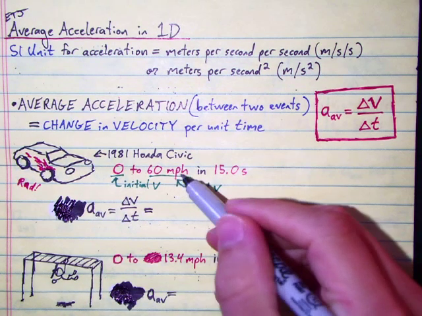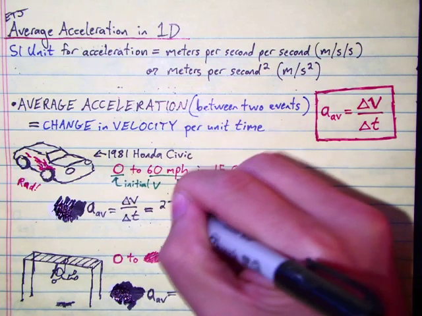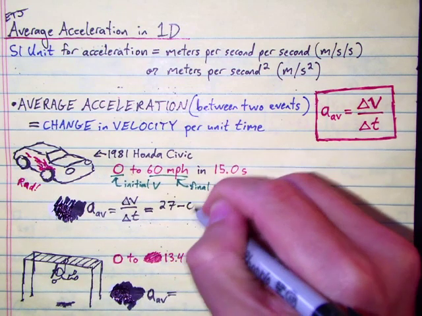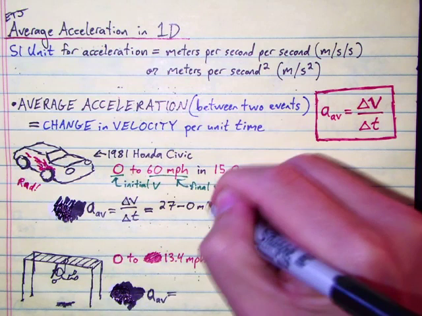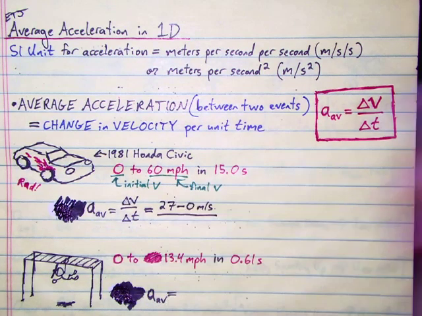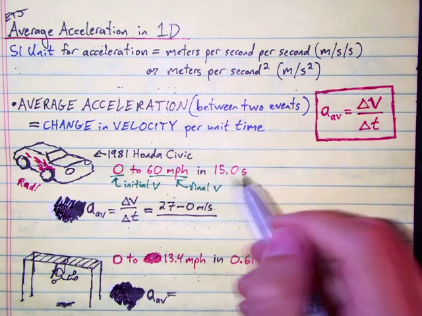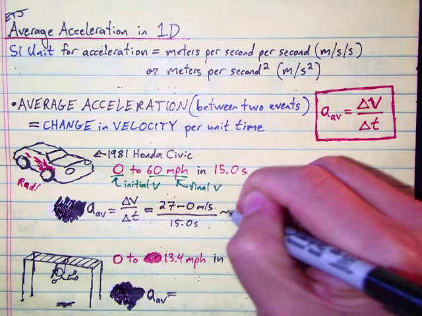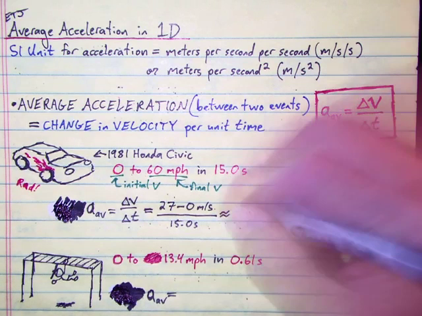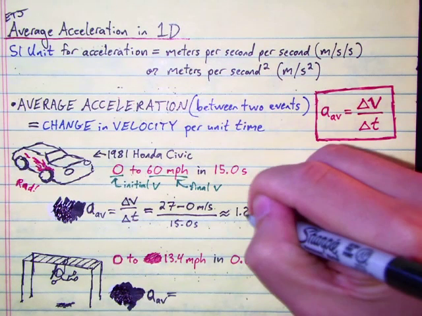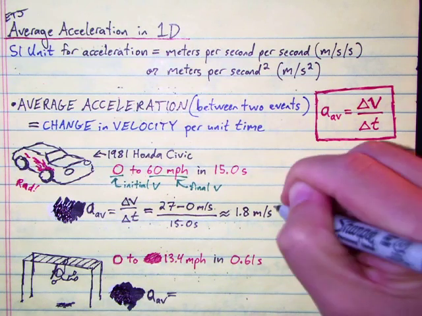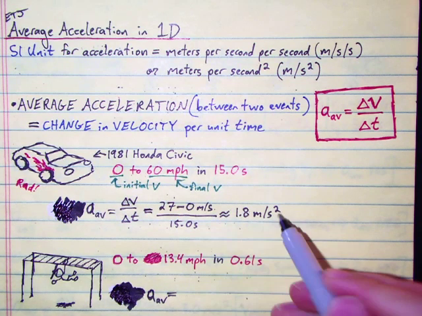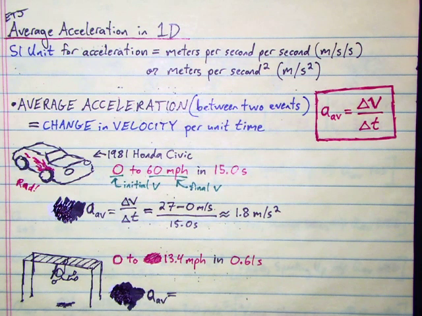After you convert 60 miles per hour to meters per second, you'll find it's about 27 meters per second. So final minus initial, which was 0 meters per second, over the change in time, 15.0 seconds. And that comes out to about 1.8 meters per second squared. Note, meters per second per second gives us meters per second squared.